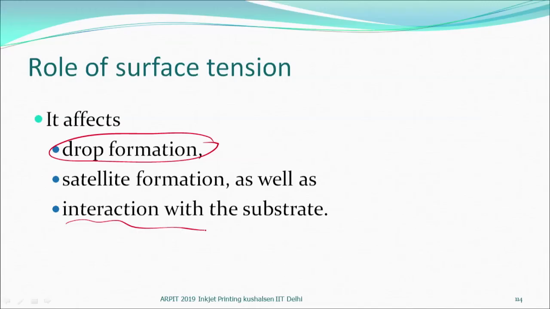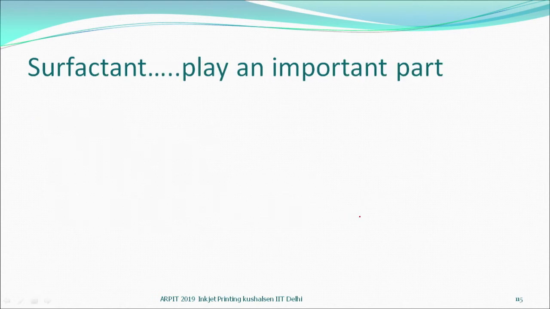So, you want drop to get into a shape which is spherical, but you still want satellite formation not to be there so much, and so surface tension cannot be too high as well. A lower surface tension will help interaction with the substrate also, so it can diffuse inside the substrate.